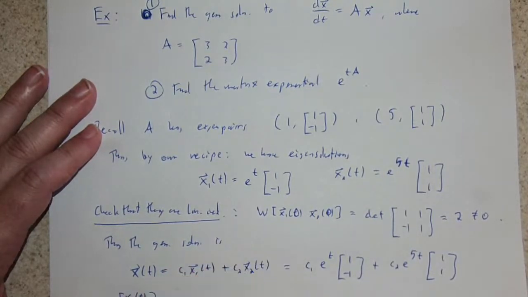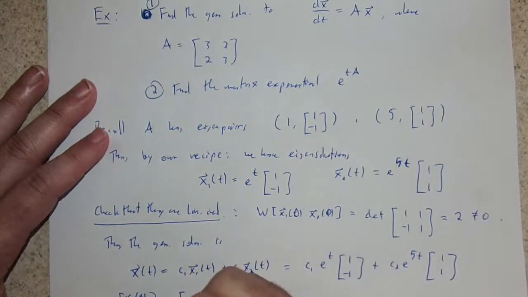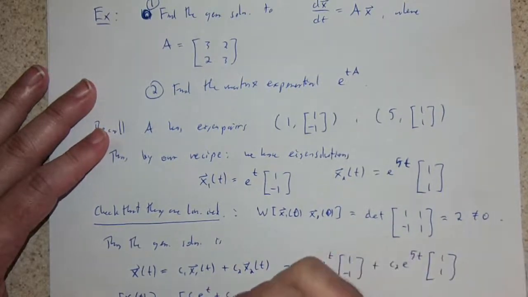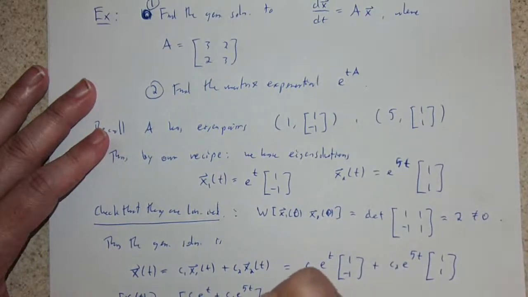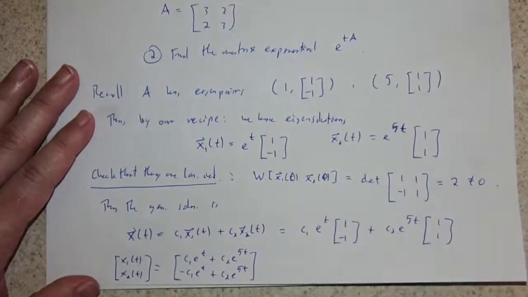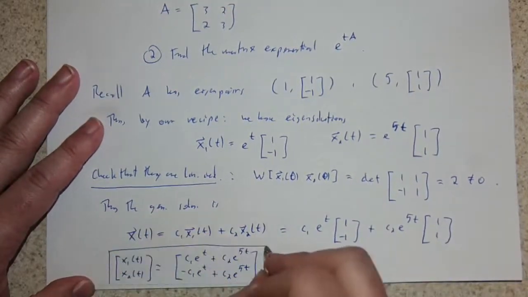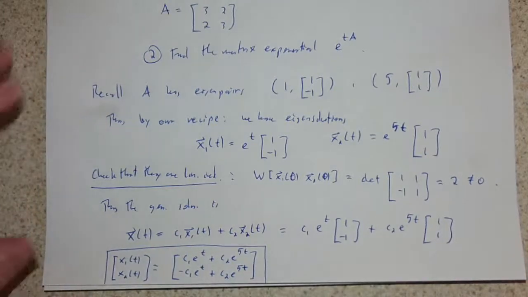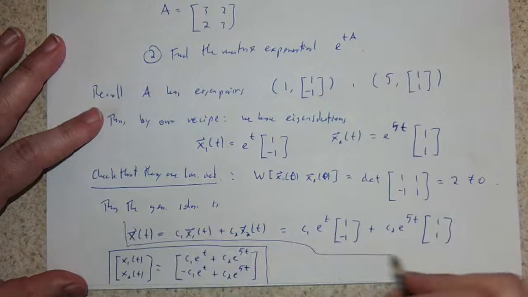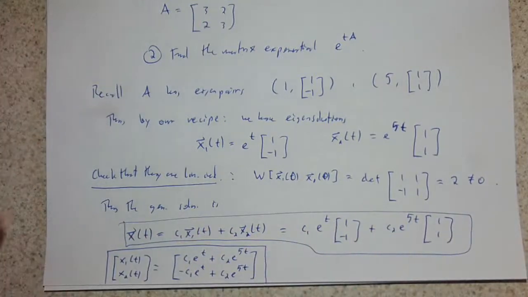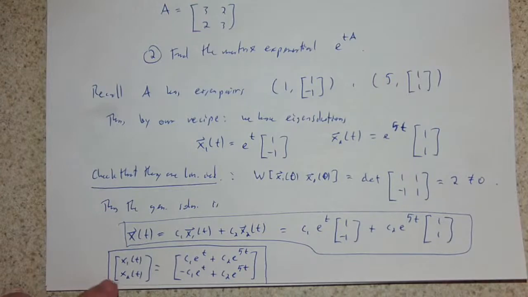The right-hand side is a vector with two components. In the first slot is c1 e to the t plus c2 e to the 5t. In the second slot is minus c1 e to the t plus c2 e to the 5t. You don't have to write it like this; you're perfectly happy writing it in the previous form, but this is what is being said.